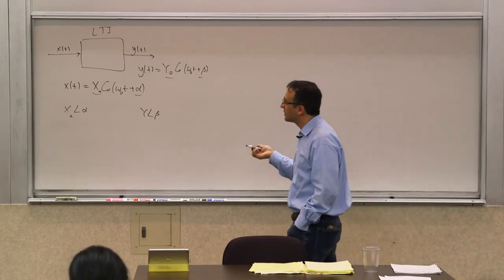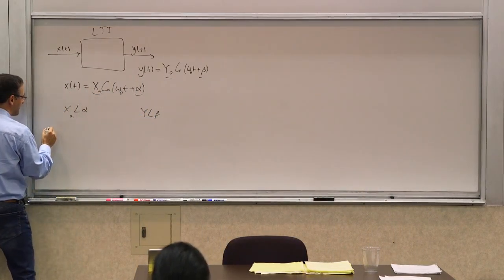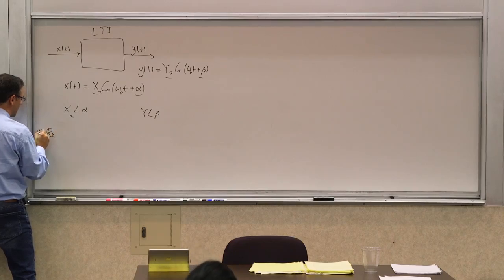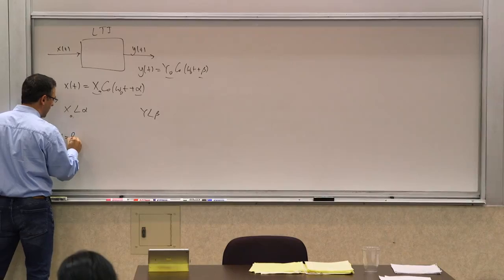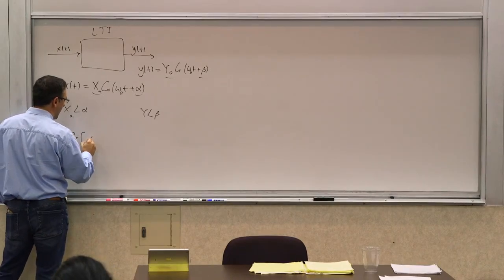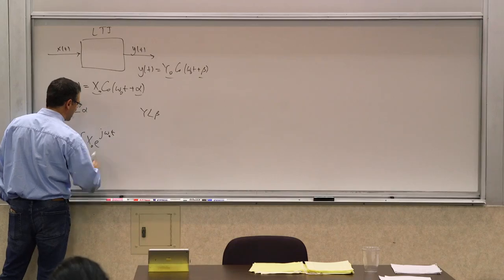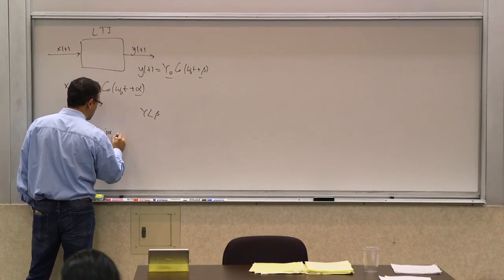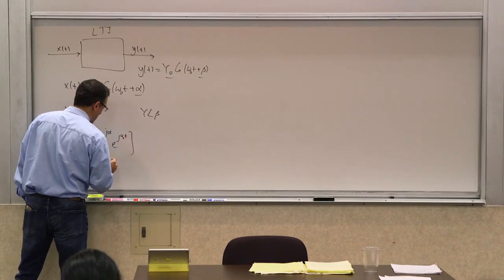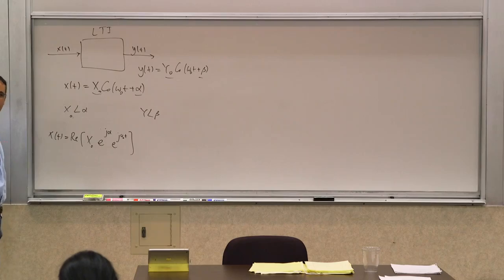Another way, which is more versatile, is to think about this as just the real part. So think about x of t being the real part of x0 e to the j alpha e to the j omega 0 t. Because we know this is e to the j omega 0 t plus alpha, right?